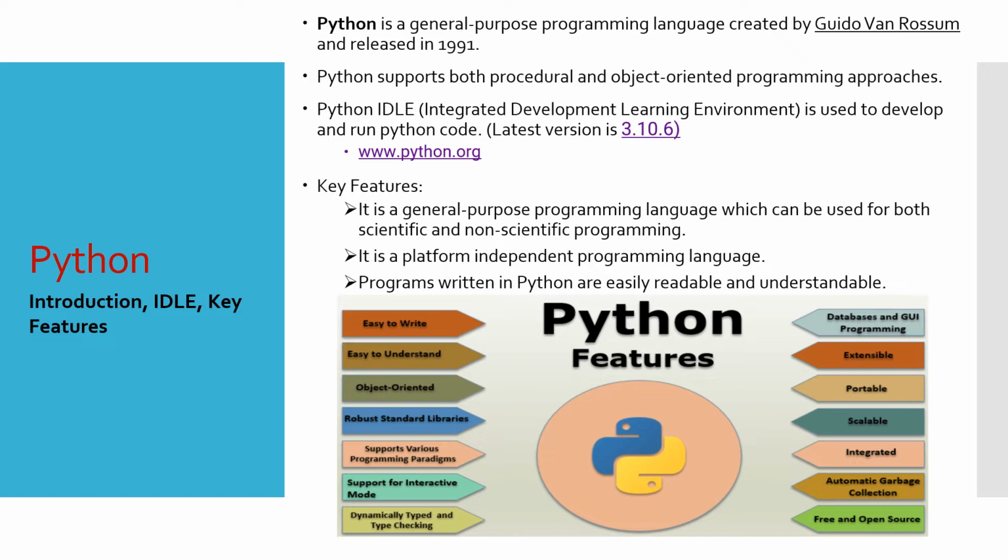And the last one is that it's free and open source. This is a new concept, but I'm sharing it for your knowledge. Not all software programs are free. If you are buying certain software programming languages, you need to pay money to even use those programs and build or develop programs using them.